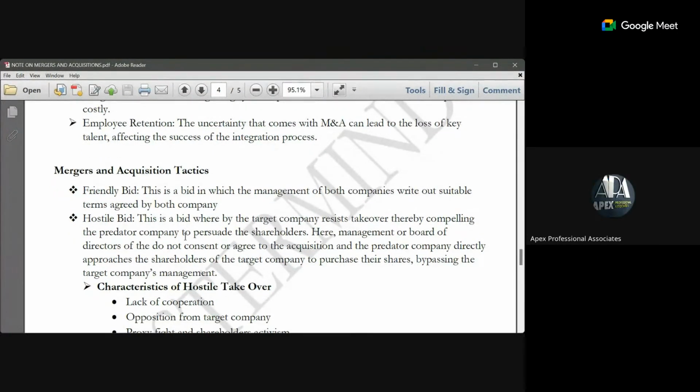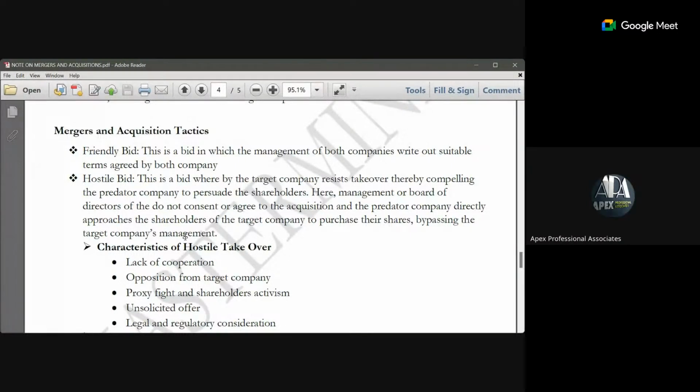Secondly, we have the hostile bid, which is the opposite of the friendly bid. This is a bid where the target company is not willing to accept the takeover, thereby ensuring that the predator company, that is the company trying to buy off or merge with another business, does not find it easy.